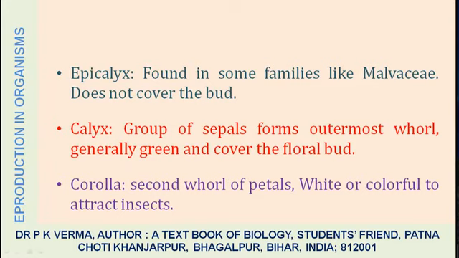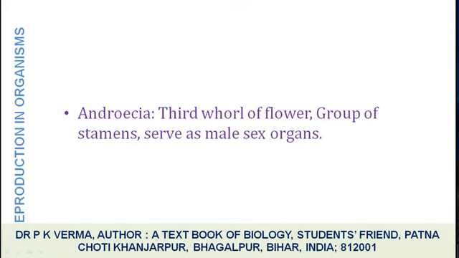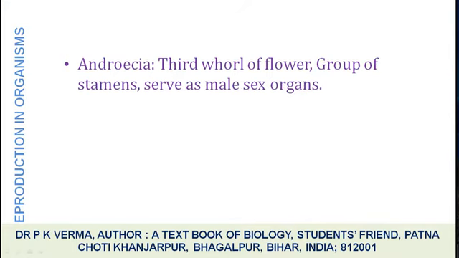The second essential whorl is the corolla, made of petals. These petals are white or colorful. The color is used to attract the insects. The third one is androecium. It is made of stamens, 3, 5, 6 or many.